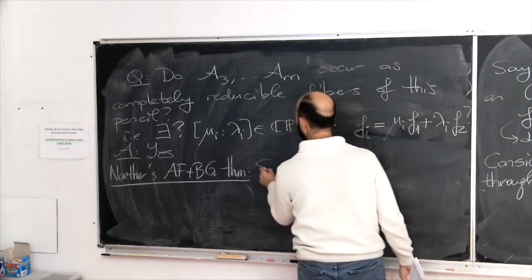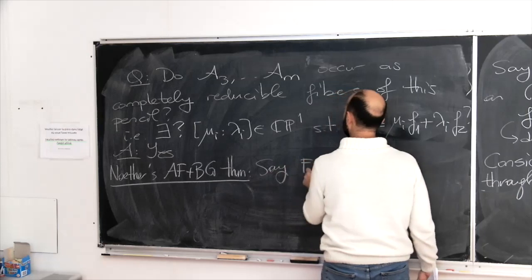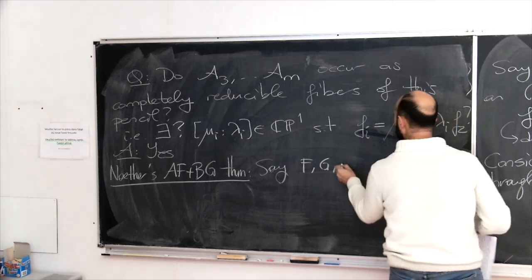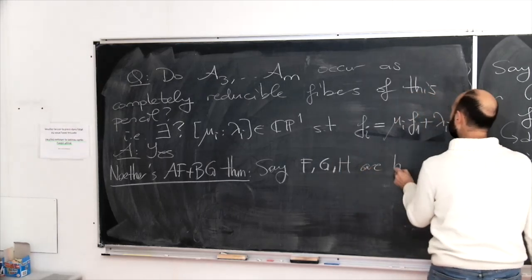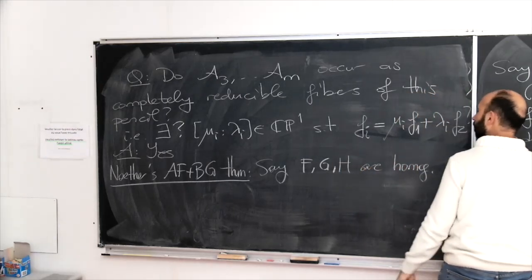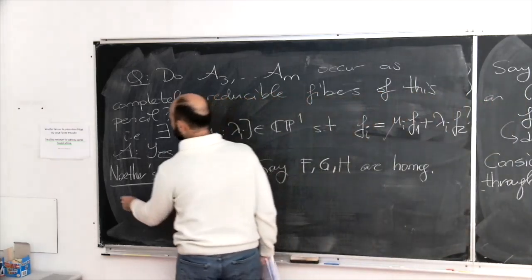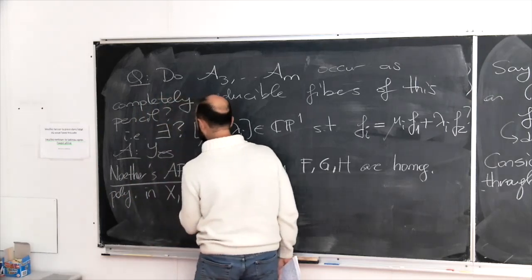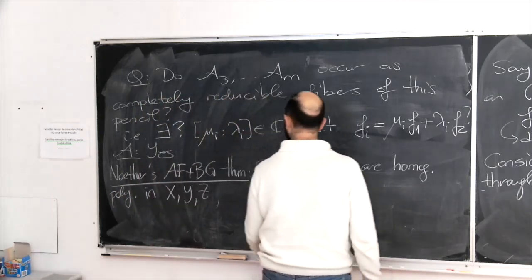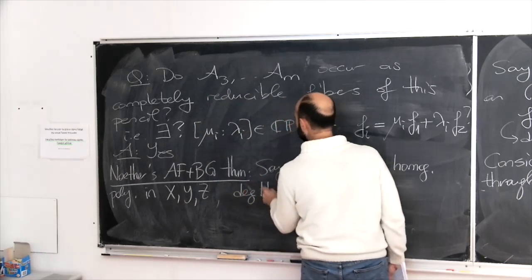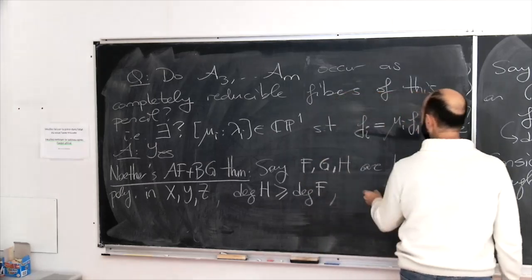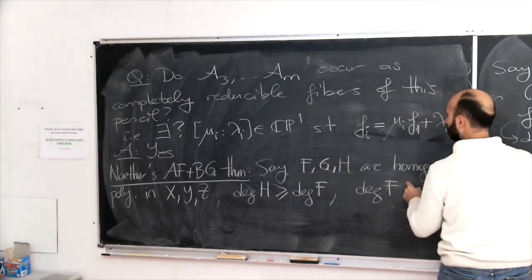Say F, G and H are homogeneous polynomials in 3 variables such that the degree of H is bigger than the degree of the other two.